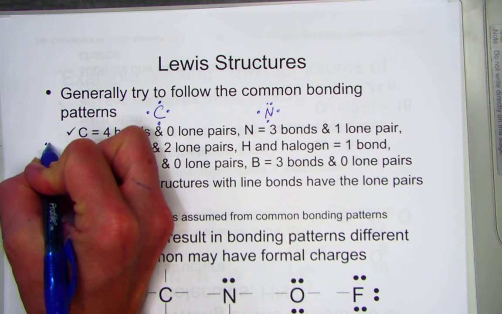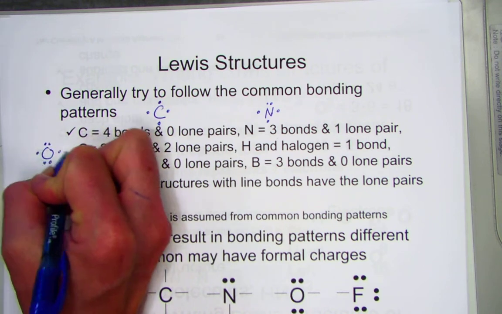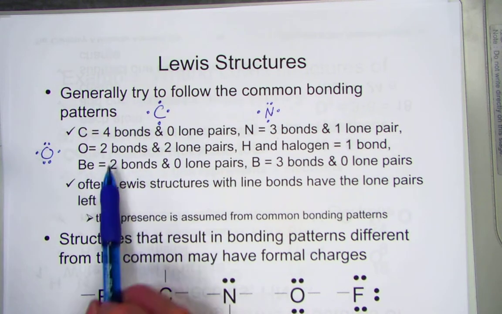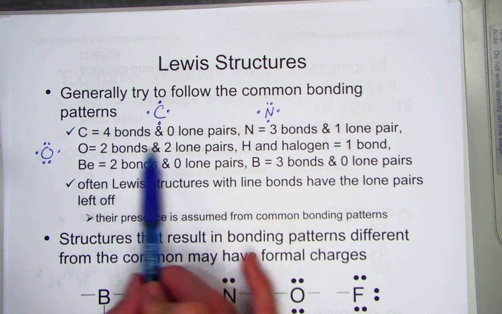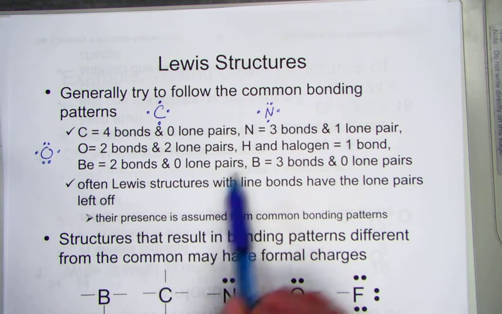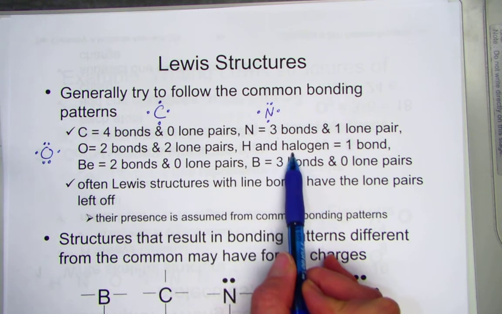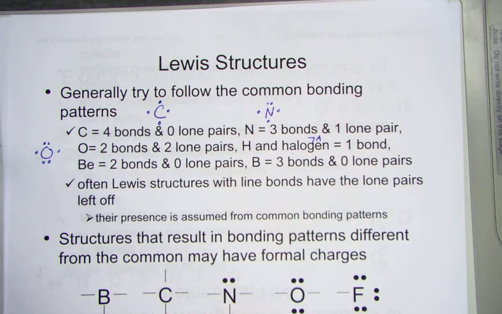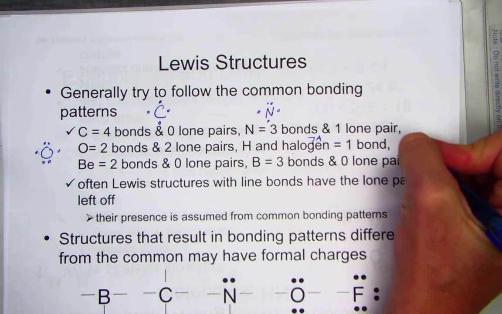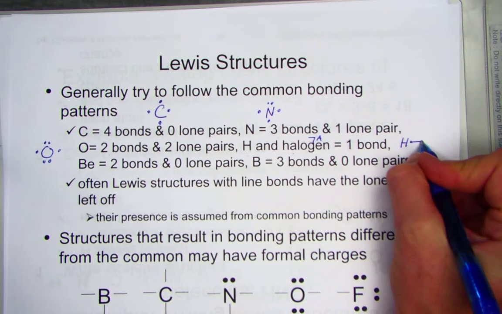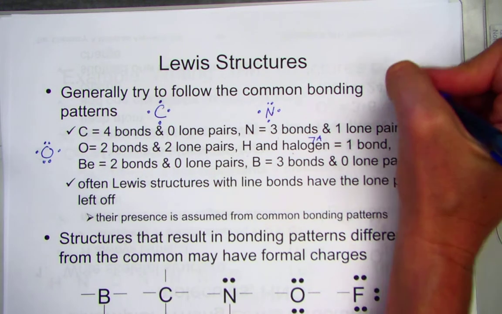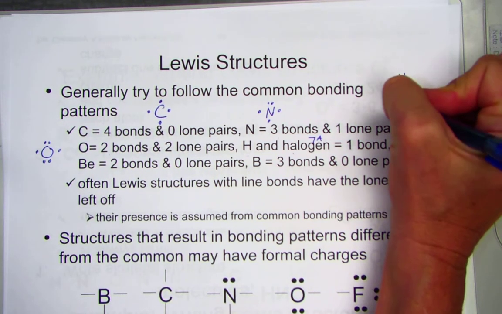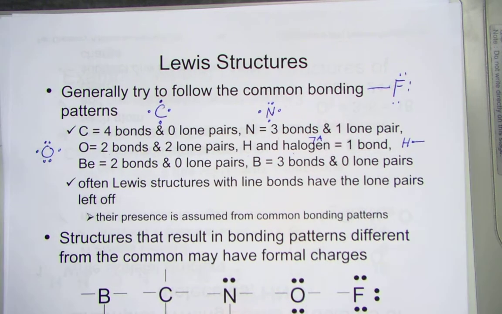Oxygen, who has 6 valence electrons, 2 open spots for bonding, so very common that it will have 2 bonds and 2 lone pairs. Hydrogen and the halogens, that's fluorine's family, fluorine, chlorine, bromine, who live in group 7A, will have 1 bond. Hydrogen has 1 electron. It will connect to form 1 bond. Fluorine has 7 valence electrons. It will connect to fill that empty space, 1 bond.